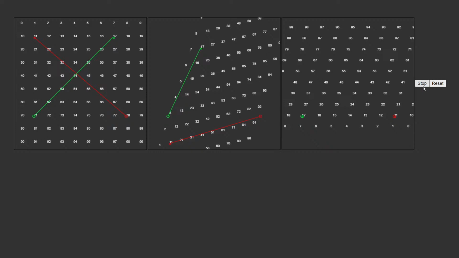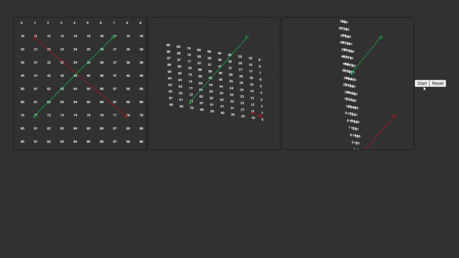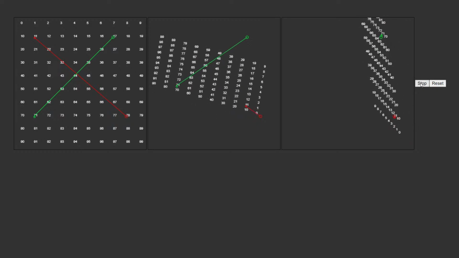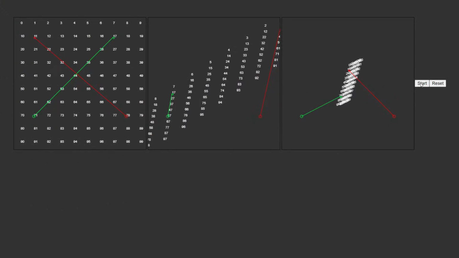But what if I reverse one of those? So like 71 to 17? Oh no. That was super easy. Okay, so what if I add a third one that will somehow mess up?